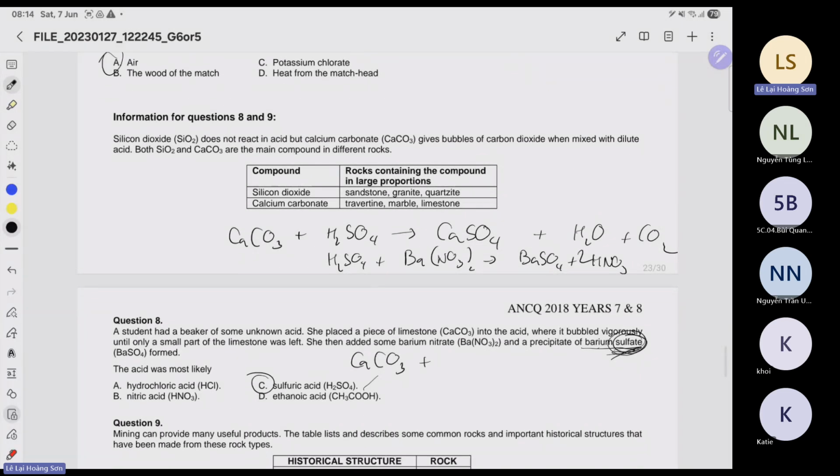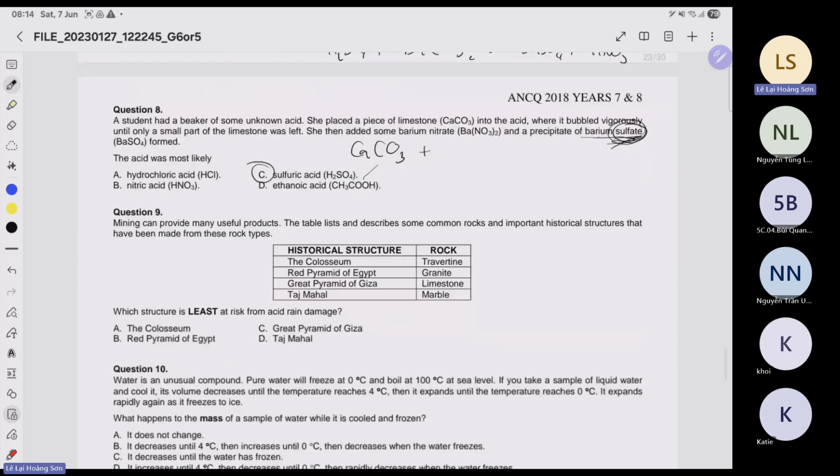The thing that can react with acid is calcium carbonate. Calcium carbonate will give bubbles when it's mixed with dilute acid, so the thing that is made from calcium carbonate will be dissolved by acid. But silicon dioxide does not react with acid, so silicon dioxide will not be affected by acid rain, right?